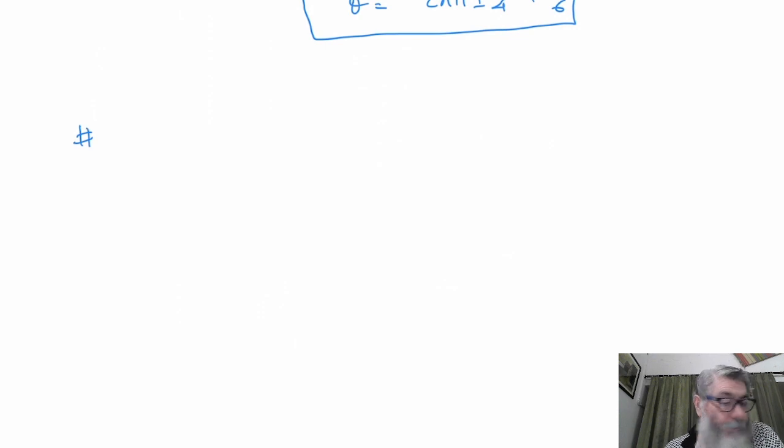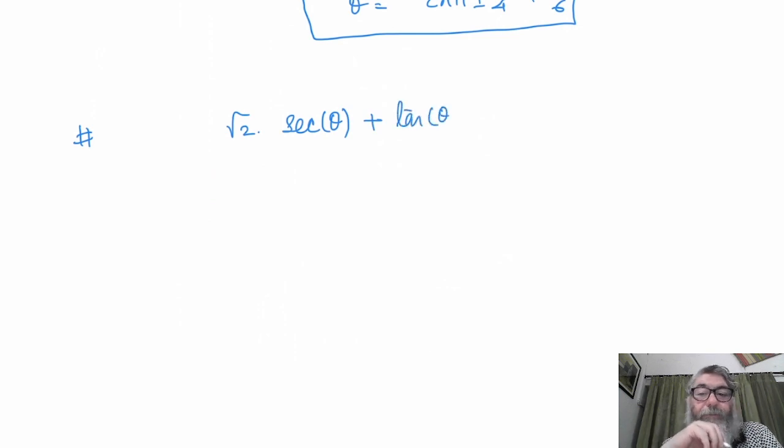It says root 2 sec theta plus tan theta is equal to 1. Now again the question is, we know the formulas for sine theta, cos theta and tan theta. Let's change all of this to the form sine theta and cos theta.